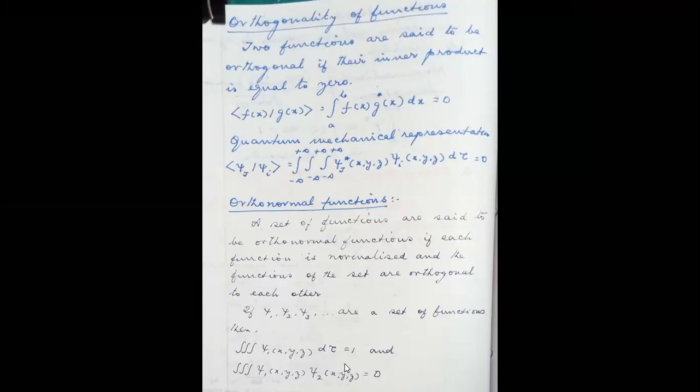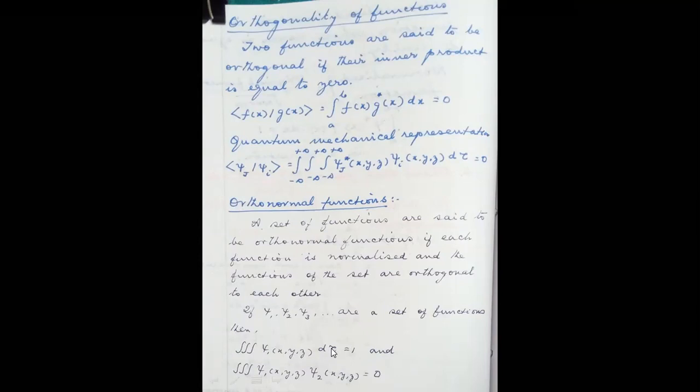Suppose a function is normalized, and two functions are orthogonal, and each function is normalized, then these functions are called orthonormal functions. Look here. Suppose the psi 1 triple integral, integrated thrice in three directions with the d tau, is equal to 1. And there is a psi 2, which is also, when it is integrated thrice in three directions with d tau, 1.